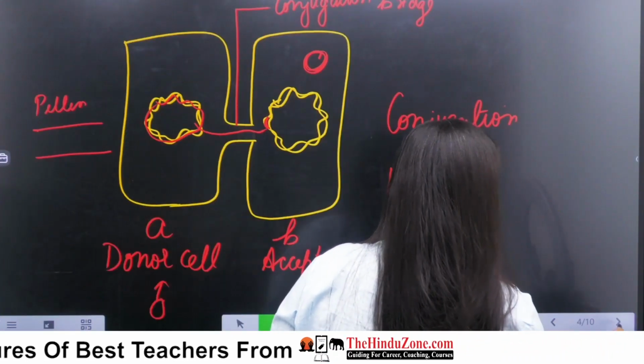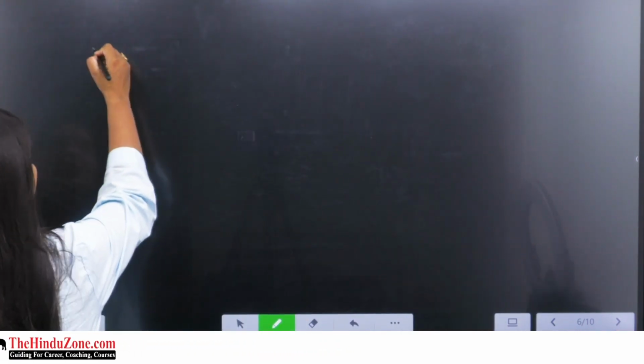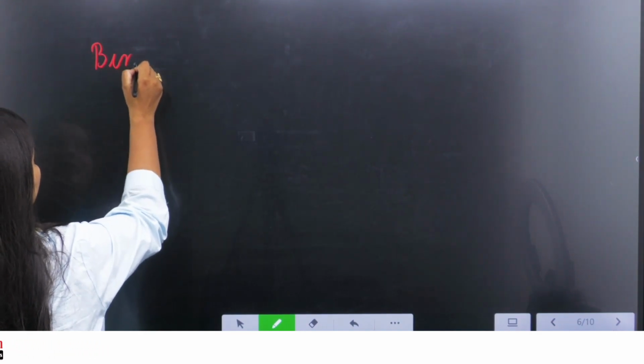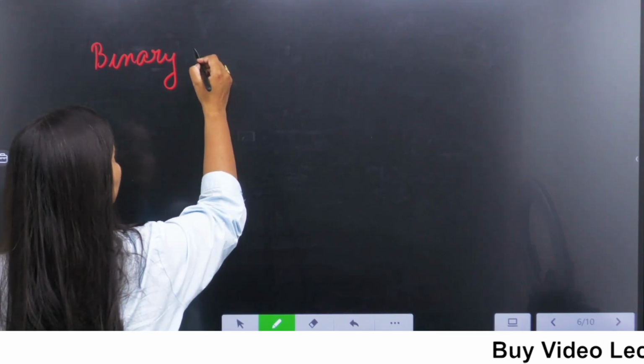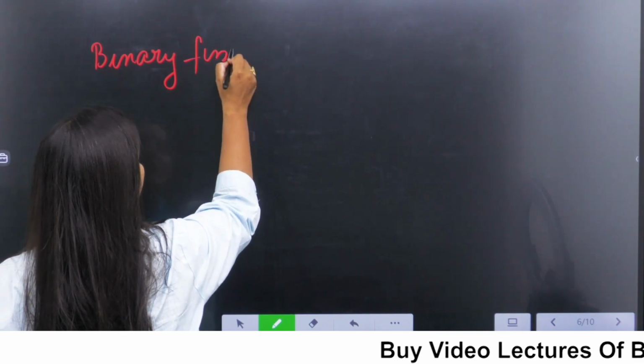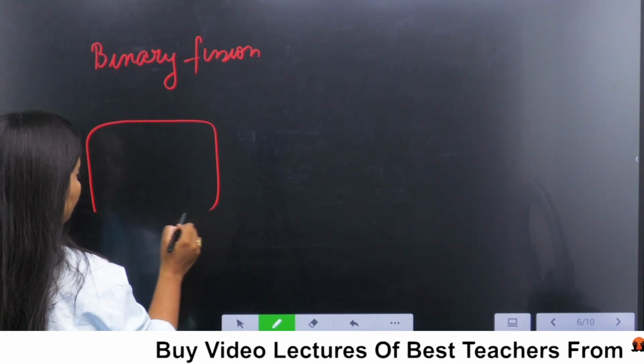Let me tell you that these bacterial cells divide through a method called binary fission. Binary fission is the most famous method for their cell division. Suppose this is one cell.